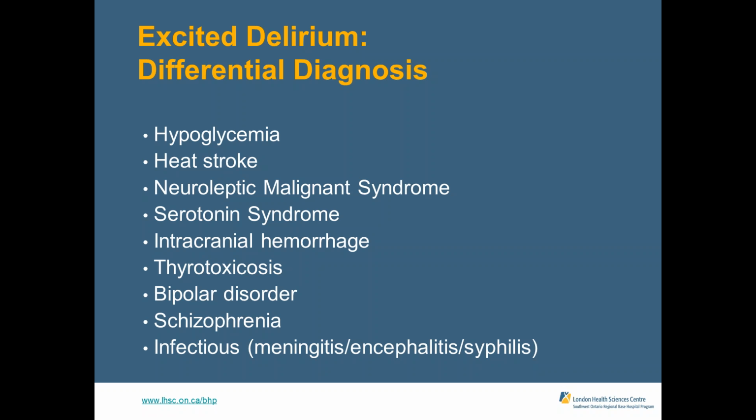Patients who have had any trauma and have a bleed in their head. Patients having thyrotoxicosis, where their thyroid levels are elevated, can be hyperthermic and quite agitated as well. Then obviously psychiatric problems like bipolar disorder, mostly in manic patients, as well as schizophrenia. And other infectious causes like meningitis, encephalitis, or tertiary syphilis, which isn't commonly seen, can cause agitation and confusion.